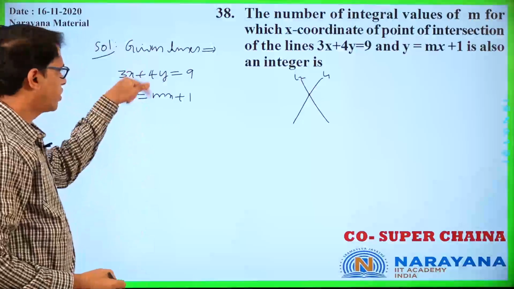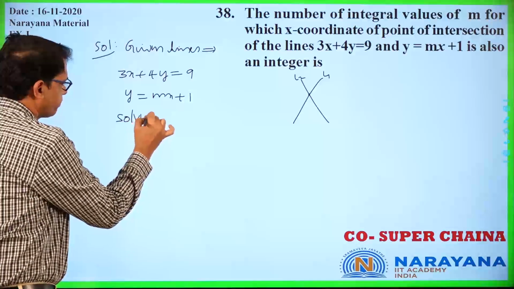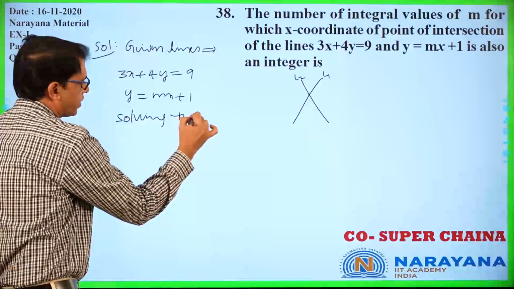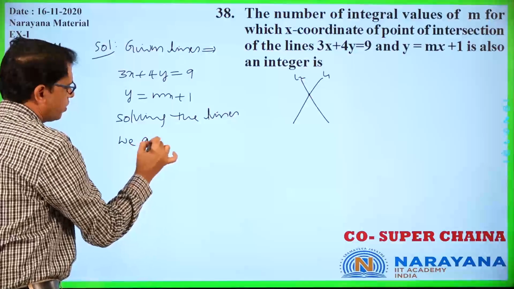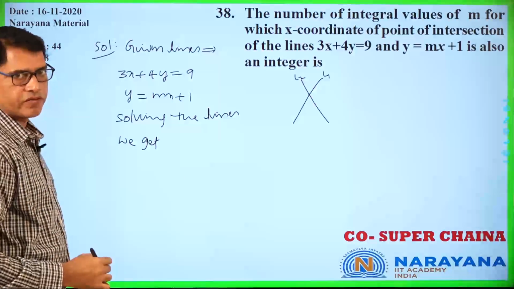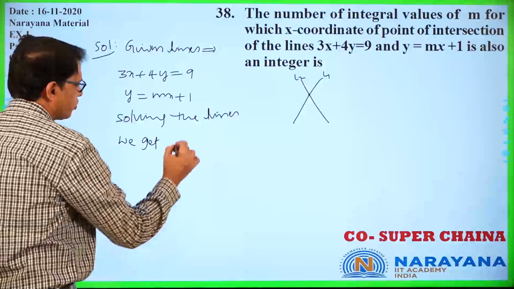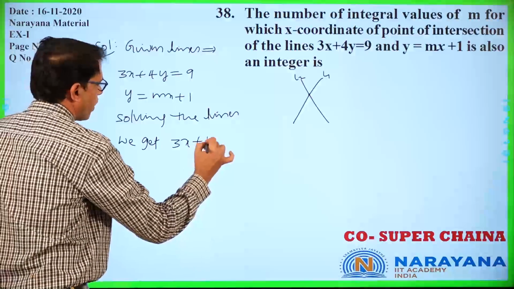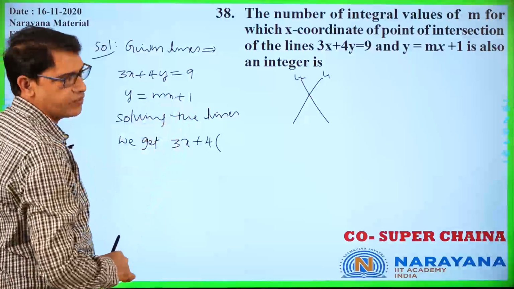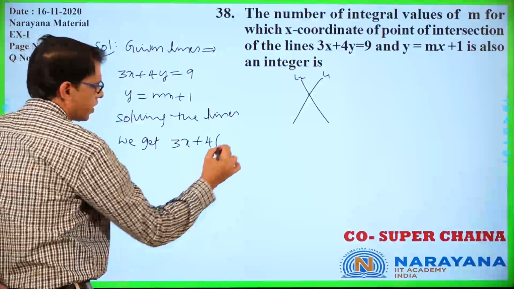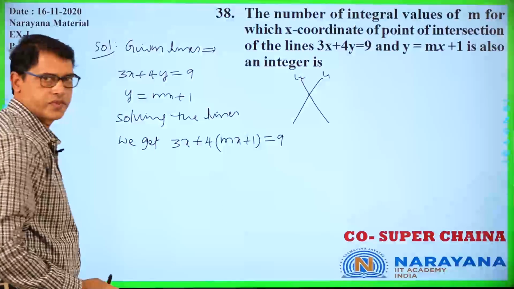So solving the given lines, the x coordinate is required. Eliminate y, substitute the y value here. Then what do we get? 3x + 4y, and in the place of y, I can write mx + 1, so 3x + 4(mx + 1) = 9.